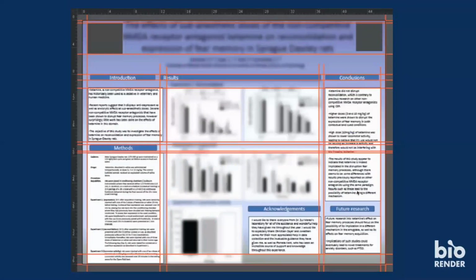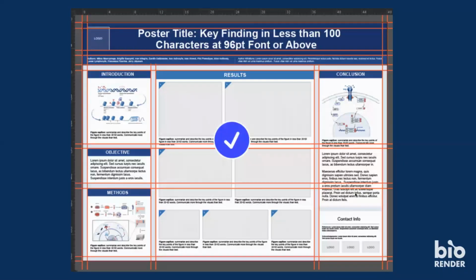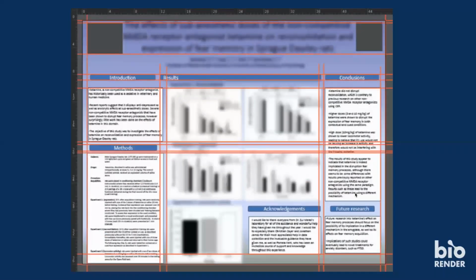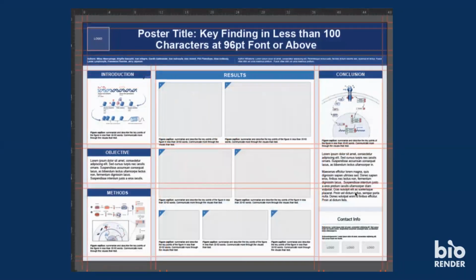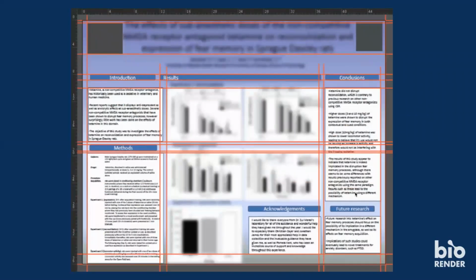So here's an example of a poster that didn't use grids and guidelines, and here is one that does. You can see removing the lines allows you to see how those hallways are created, that visual breathing space. So definitely keep that in mind.